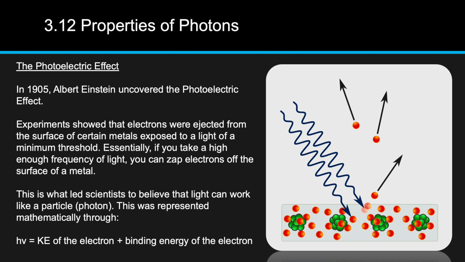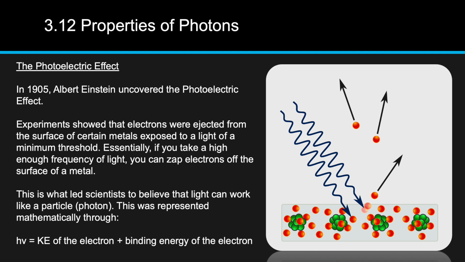And it's like photons are zapping electrons off the metal. And this was a big deal because it showed that light behaves not just like a wave, but also like a particle. Each photon carries a specific packet of energy. And if you have enough energy, you can actually emit an electron from this piece of metal.